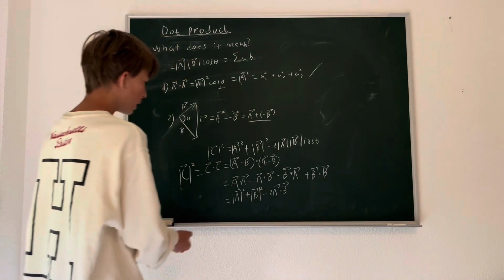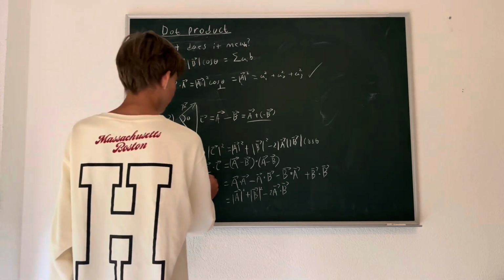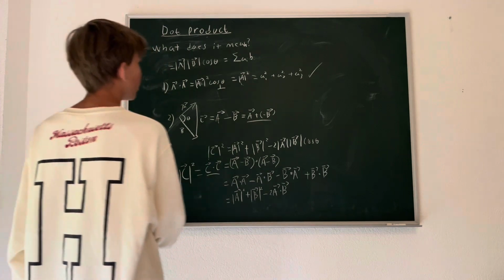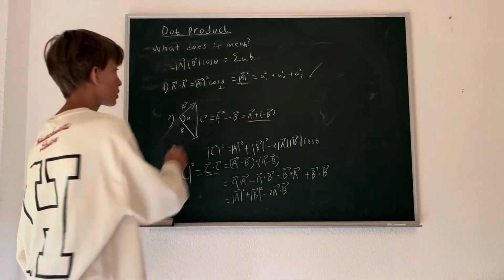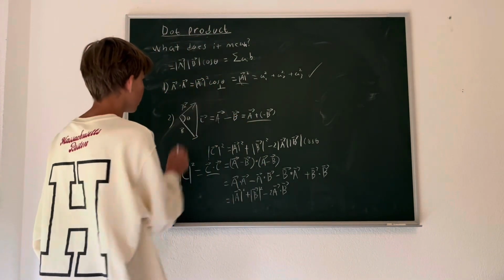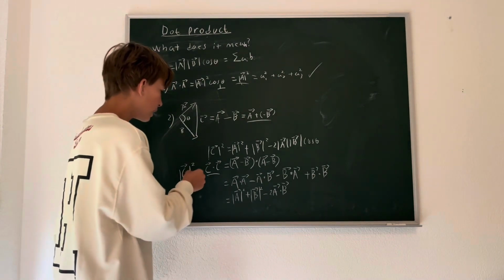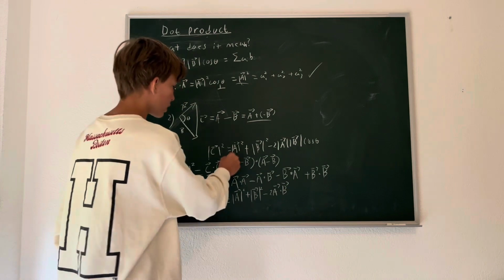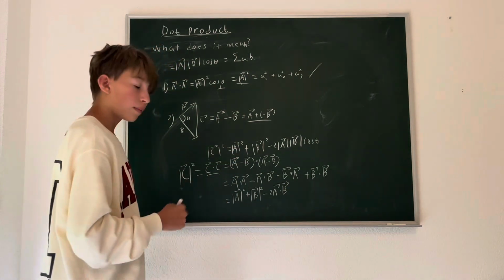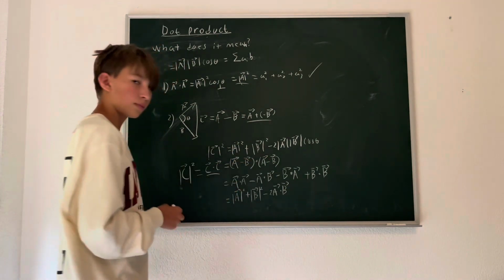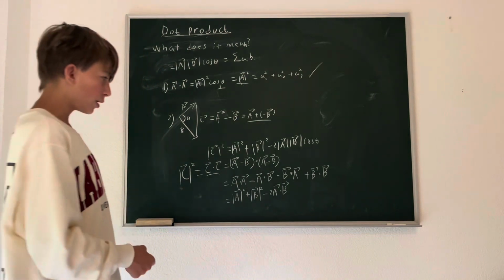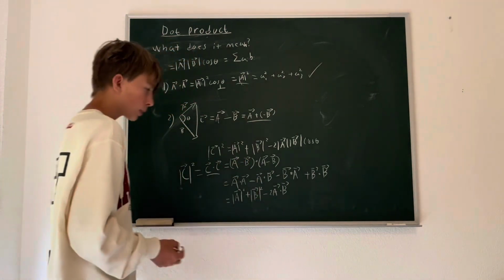As we proved earlier, this is just A dot A. And C equals the vector A minus the vector B, dotted with itself again.